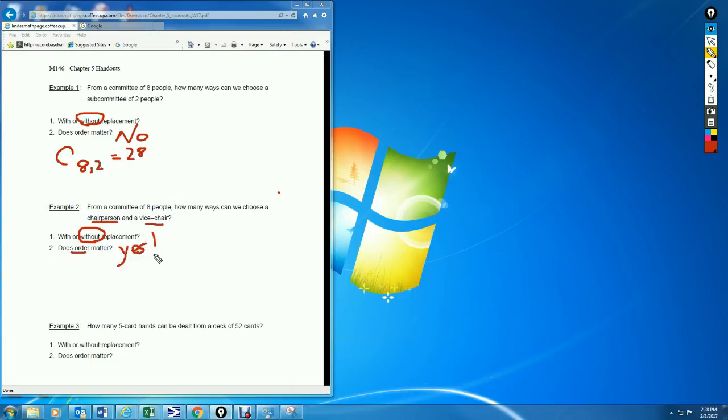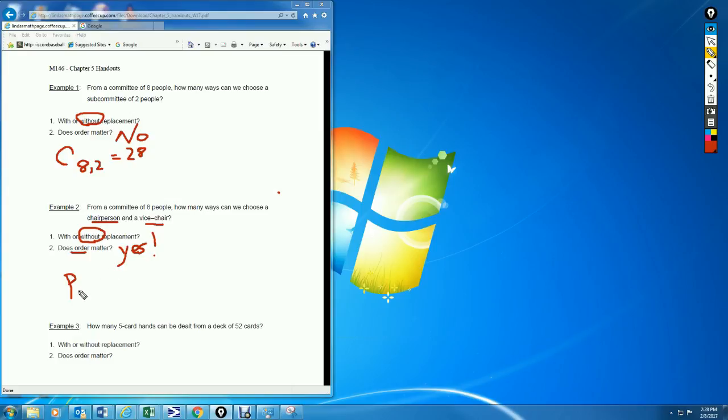So for example, if I picked Paul to be the chair and Tori to be the vice chair, that is different than if I picked Tori to be the chair and Paul to be the vice chair. 2 different things. So yes, the order matters, which means we have to do a permutation.